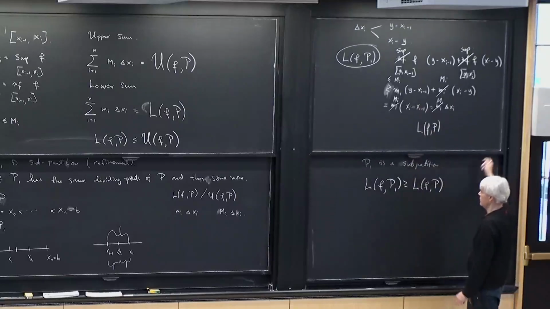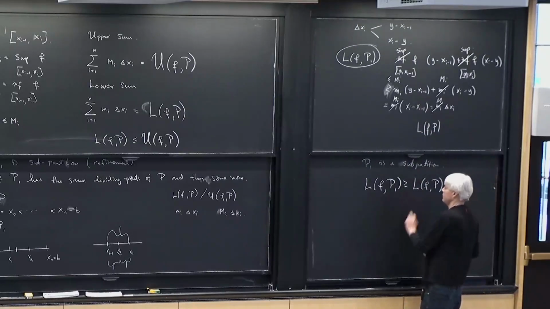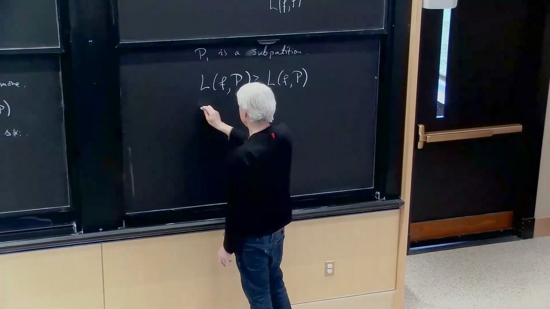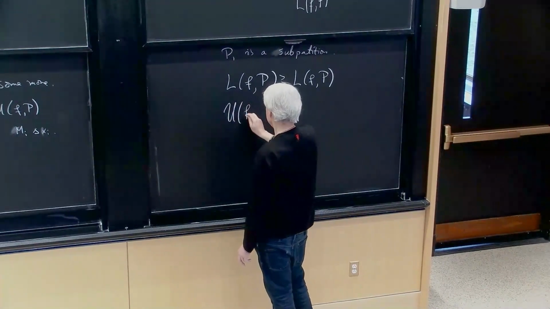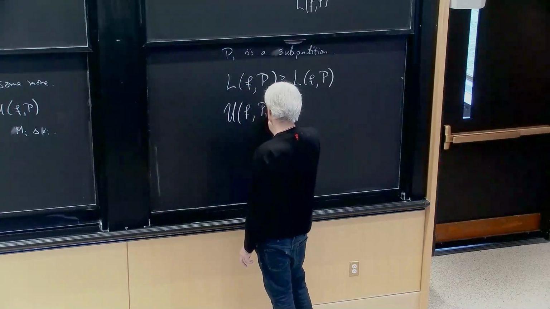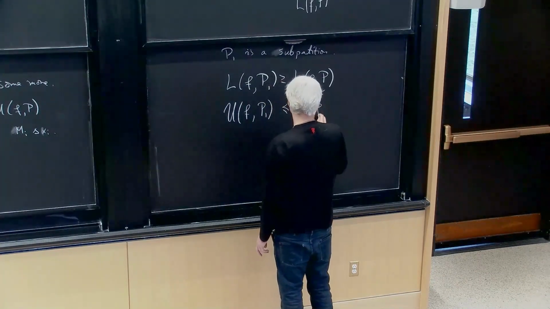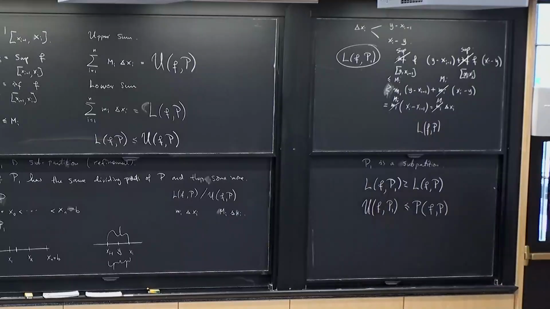So the lower sum goes up, and if you're looking at the upper sum, this decreases.